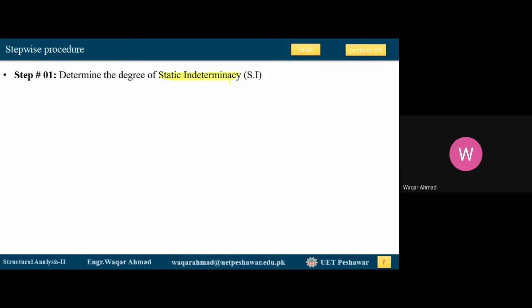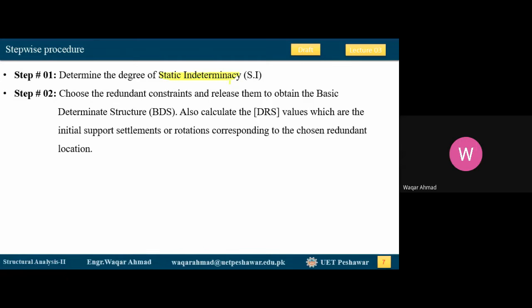Once it is known, you get the total number of unknowns which cannot be solved using the available equilibrium equations. Those extra unknowns can be 1, 2, 3, or any number depending on the structure you have.